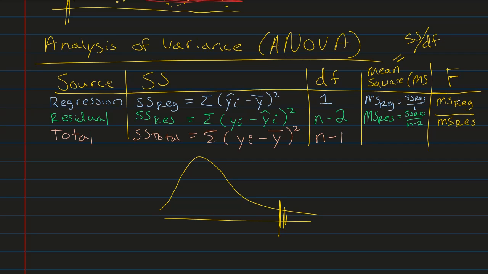An F statistic in the tail. So if the mean squared regression is much larger than the mean squared residual, then you're going to have a big F, right?